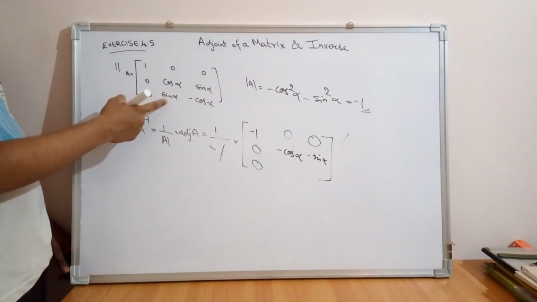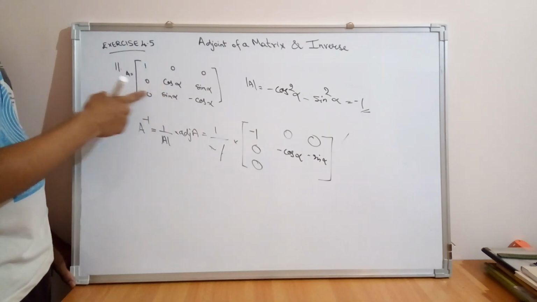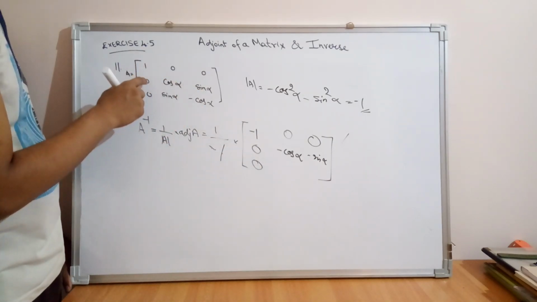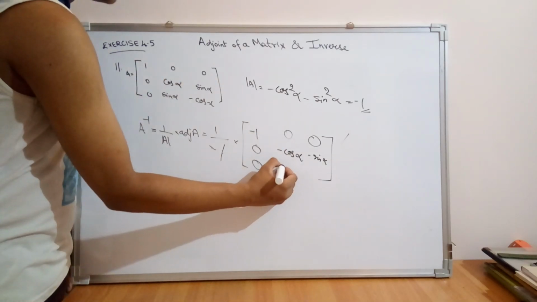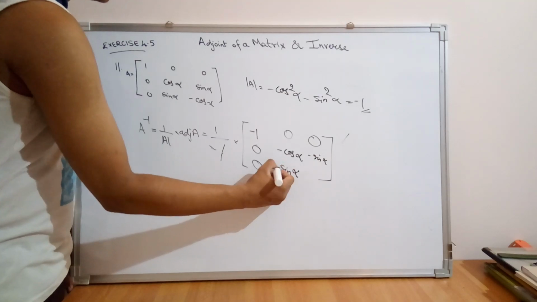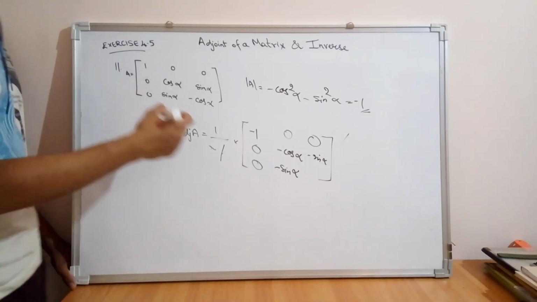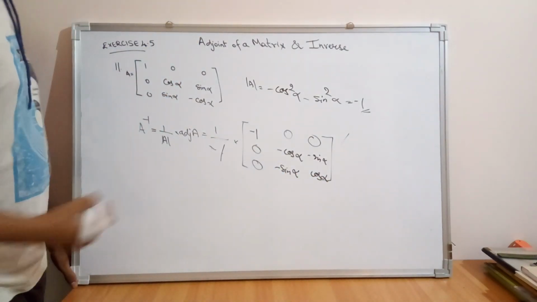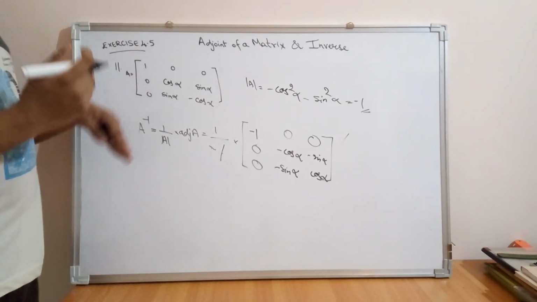Okay, then we have here, if you consider this position, we need to change the sign later. So this becomes 1 into sine alpha only. That is sine alpha, one negative sign over there. Okay, then we have this position. If you consider this position, you are going to get cos alpha there. Okay, we need to take the negative sign inside and find the transpose of that.